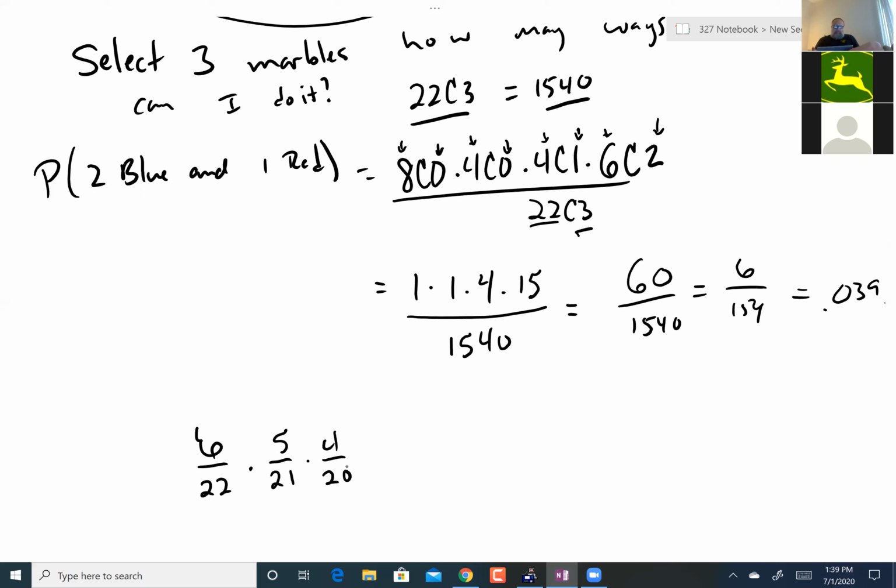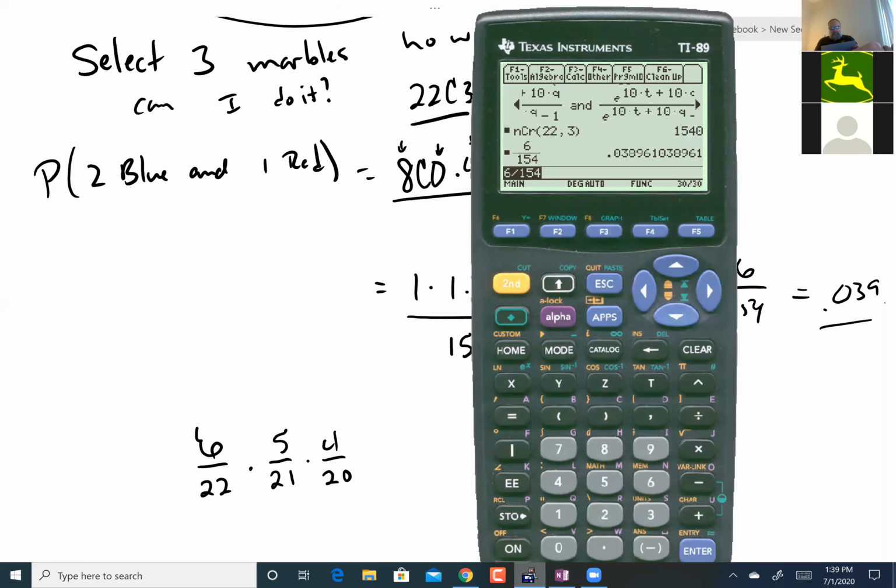So when you look at this, it does not equal 3.9%. In fact, it's quite a bit less than that. Let me go ahead and punch that out. 30 times 4 divided by 22 times 21 times 20 is, geez, look at that. It's about 13%.